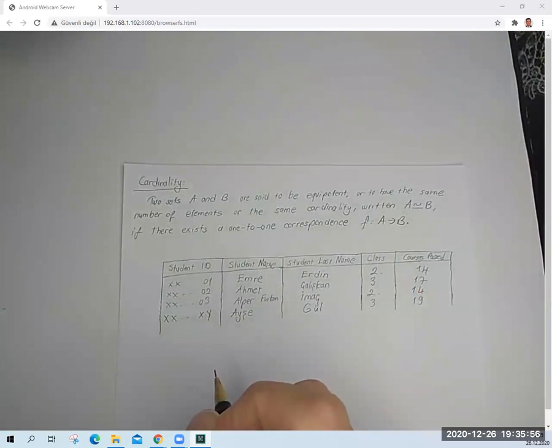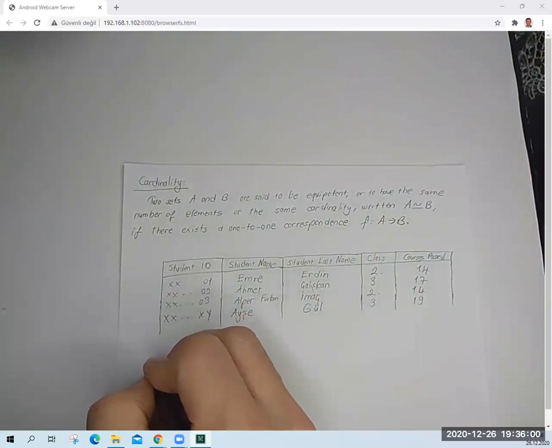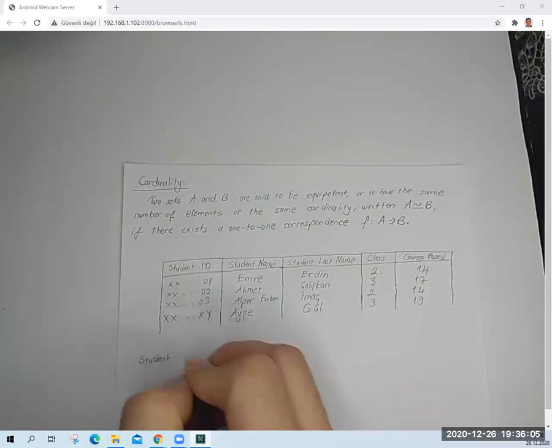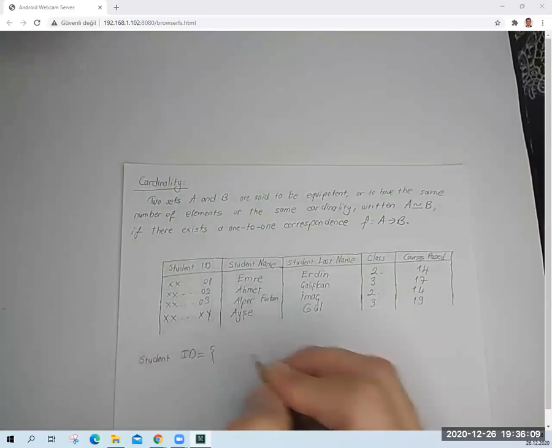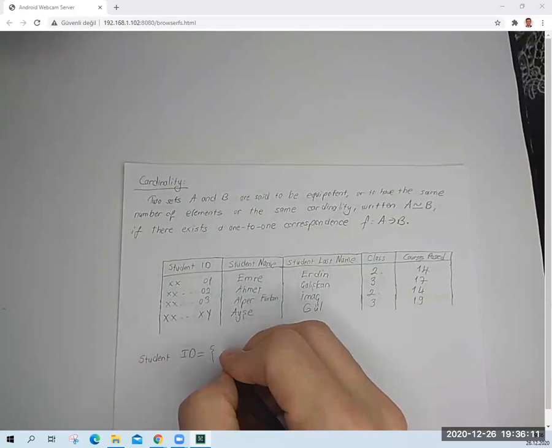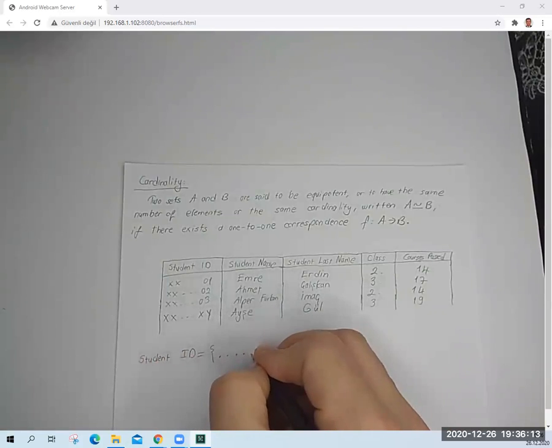So if you write the set of student IDs, what do you think you will have here? How many IDs are here?